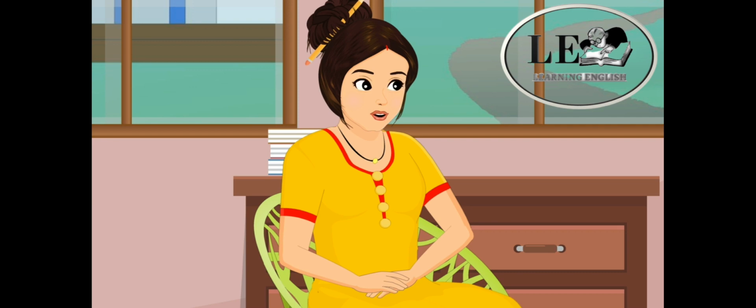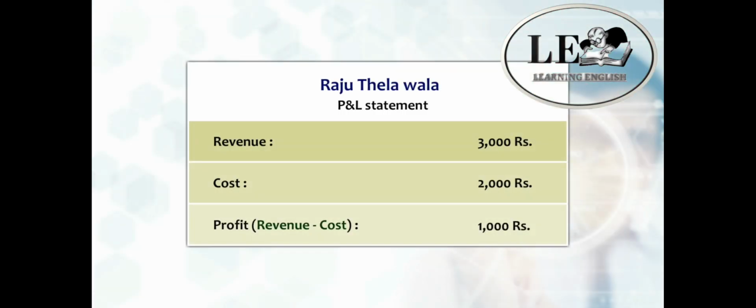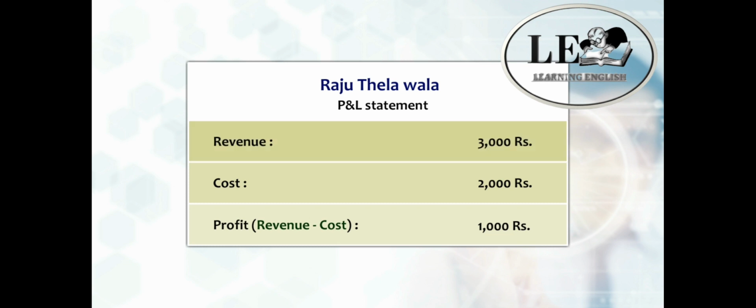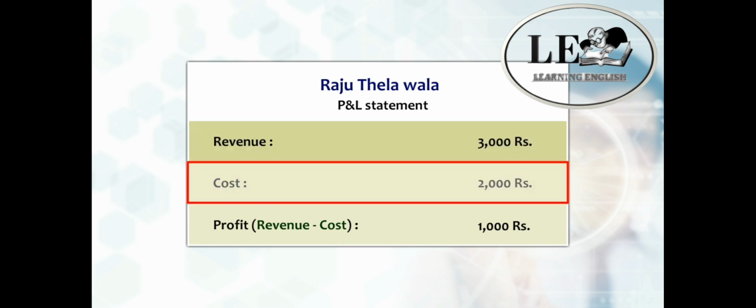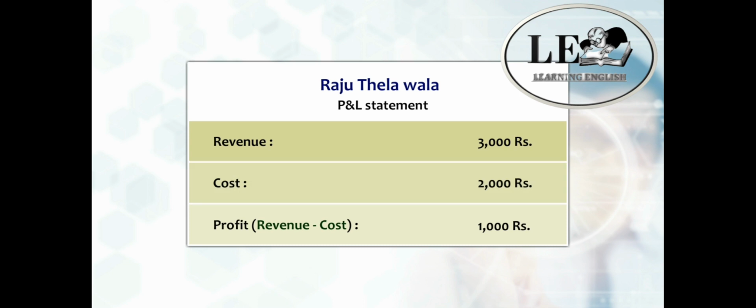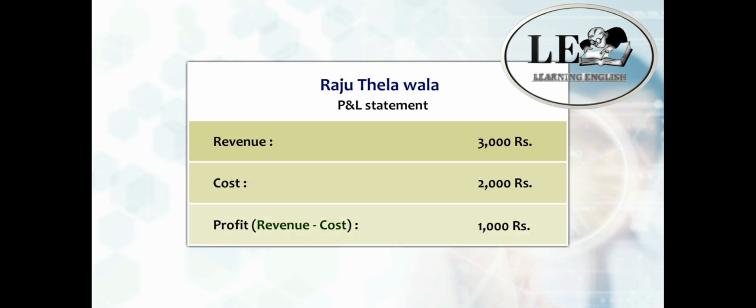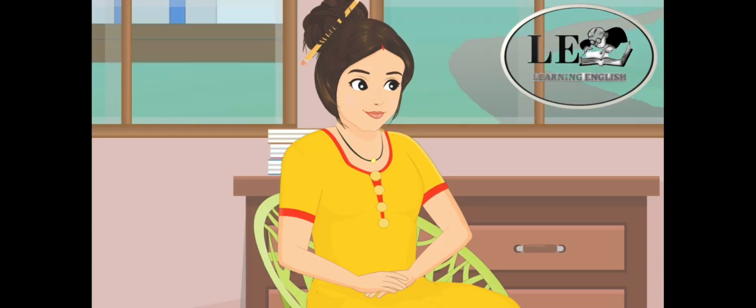This is his revenue or sales. His P&L statement can now be shown as rupees 3,000 as the total revenue, while the cost of purchasing the vegetables is rupees 2,000. His profit is revenue minus cost, which is rupees 1,000.